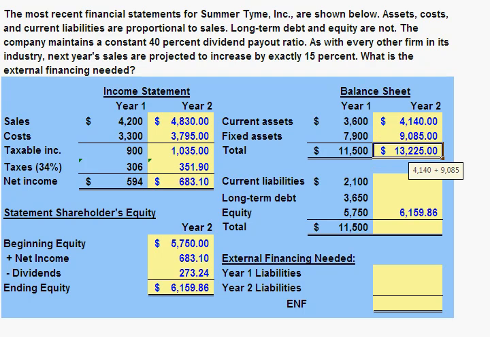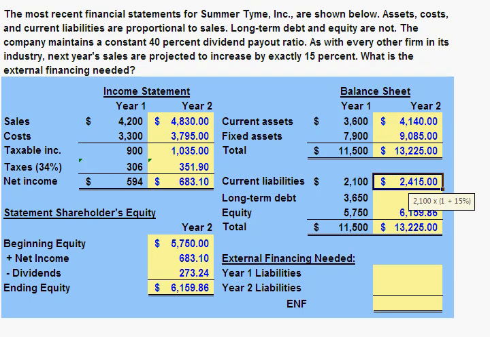This gives us total assets of $13,225. Since our balance sheet must balance, we know that total liabilities and equity will also equal $13,225.